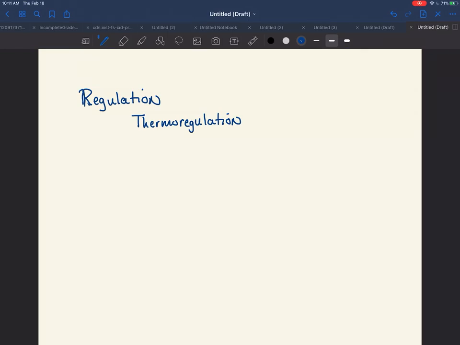So for example, when you're hot and sweaty, the blood shunts itself to the surface of the skin for evaporative cooling. So an example of this is evaporative cooling. And then if you're extremely cold, then the blood actually gets shunted to the core of your body in order to protect the vital organs from being too cold.